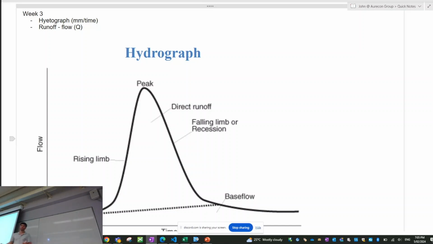You can actually draw the hyetograph and the hydrograph together. So let's say this is my time. We'll say this is my millimeters and this is my volume. The blue line is going to be my hyetograph. Let's say in the first hour we got, I don't know, 2 millimeters.